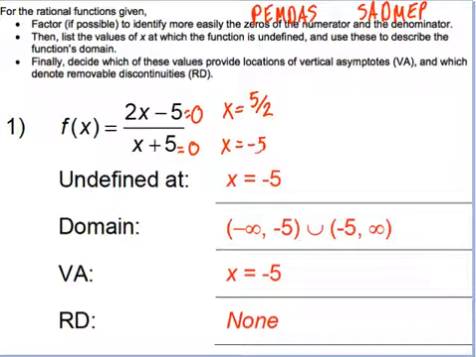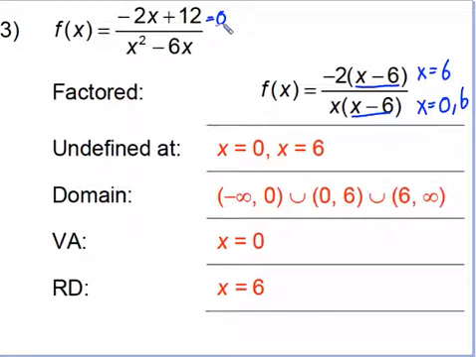Okay. And then another example, I'm not sure if we got through this in class or not. Again, you're setting your numerator equal to 0, solve for x, set your denominator equal to 0 and solve for x. In this case, whether you use -2x plus 12 equals 0 or you just set the factor x minus 6 equal to 0, either one, your answer is going to be x equals 6. Okay, for the numerator.